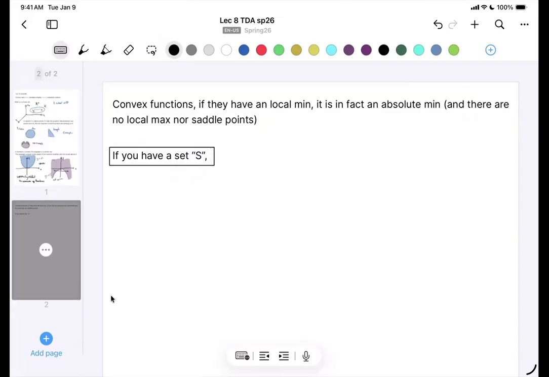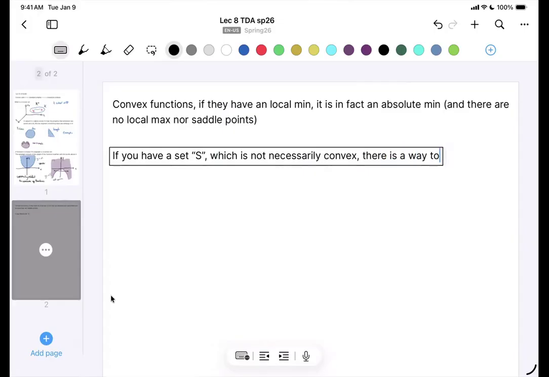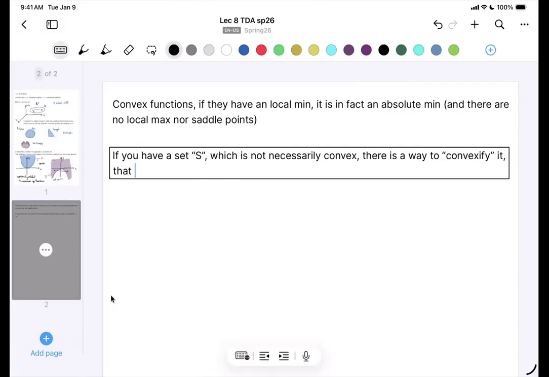If you have a set S, which is not necessarily convex, there is a way to create a convex version out of it. I guess convexify is not a word, but it would be something like that.